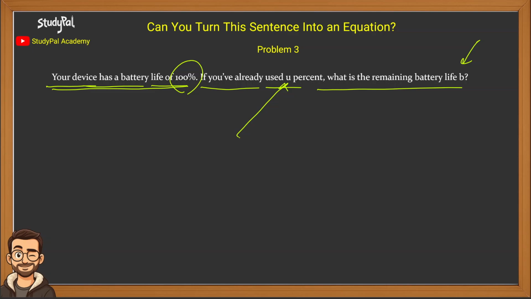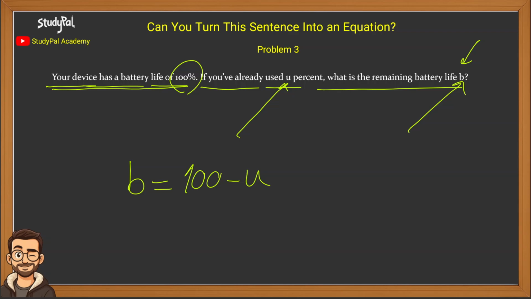And we need to find a relation between these two variables. How? This is the remaining battery life, B. It should be 100. Imagine you haven't used your device at all. You charge it and you haven't used it at all. So your battery life should be 100. But as you use your device, it drains the energy. So 100 minus the percent that you use.